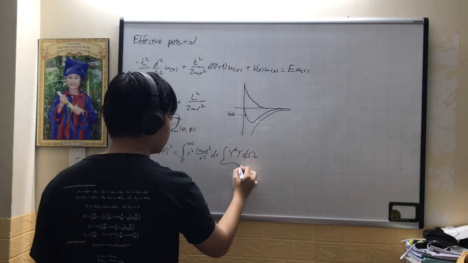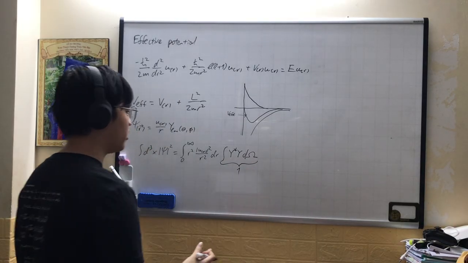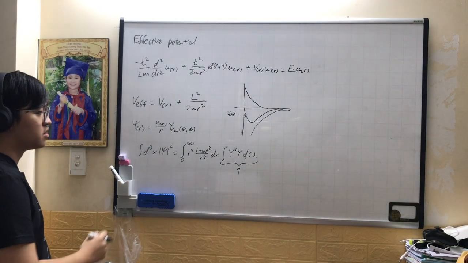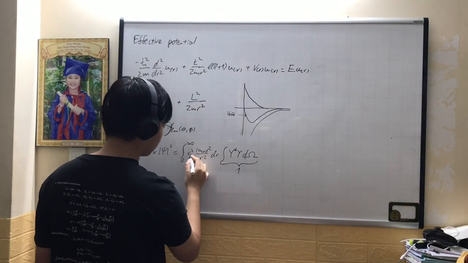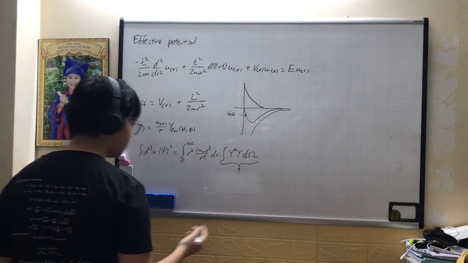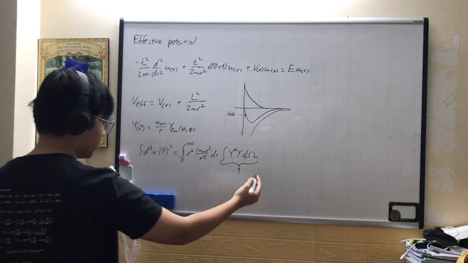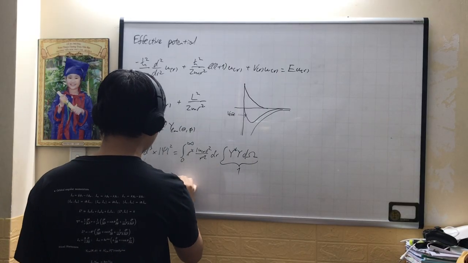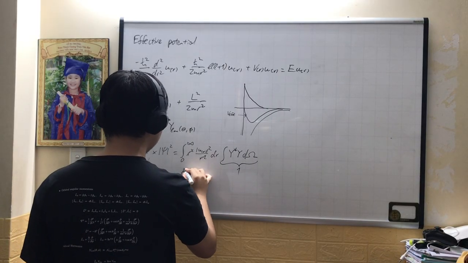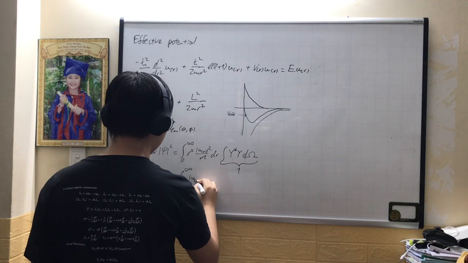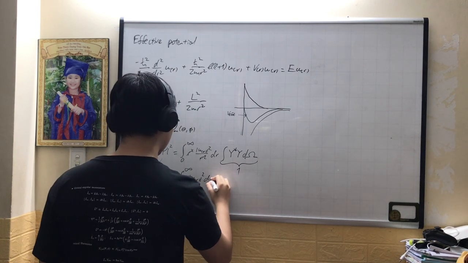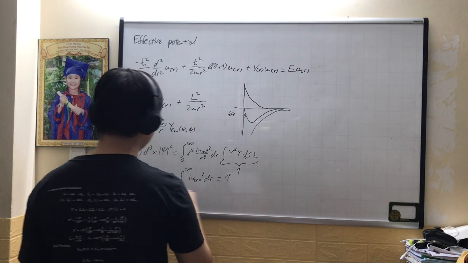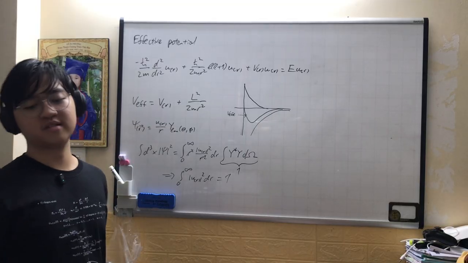The r squared cancels out, so what you're left with is the integral from 0 to infinity of u squared dr, which has to be equal to 1 for this to be normalized.